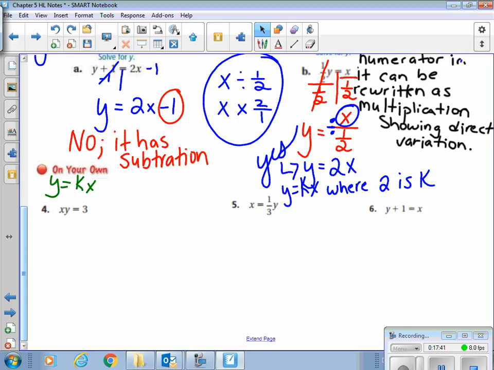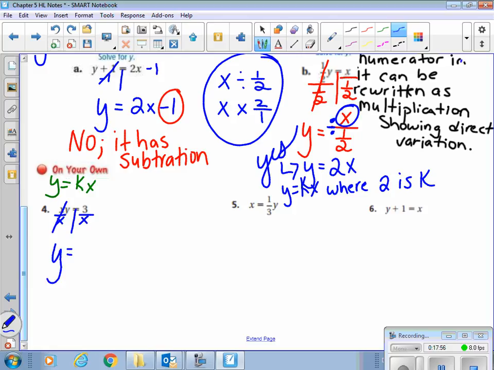So in that first problem, to get y alone, I have to get rid of multiplying by x. So to undo multiplying by x, we're going to divide by x on both sides. They cancel out, leaving me with y equal to 3 divided by x. Right, now notice up in our notes we said when x is the numerator it can be rewritten.